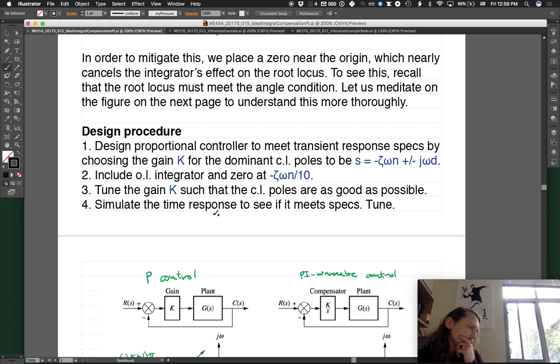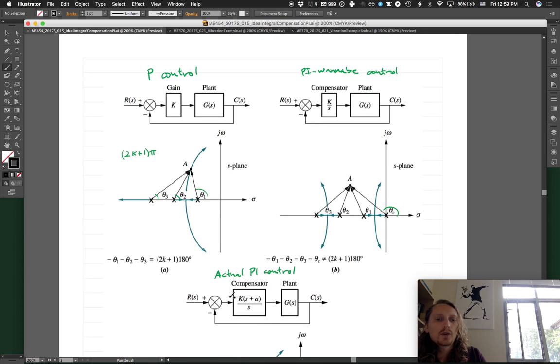So we learned the general strategy is that we're going to add an integrator into our controller, and that we're going to also stick in a 0 to counteract the transient effects of that integrator. So that's the first order approximation of what we're doing.